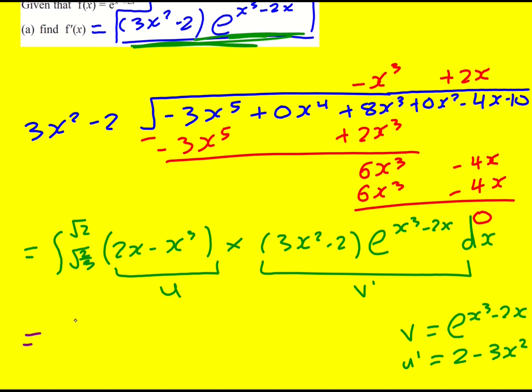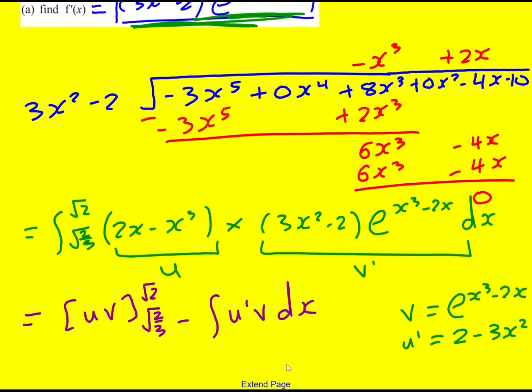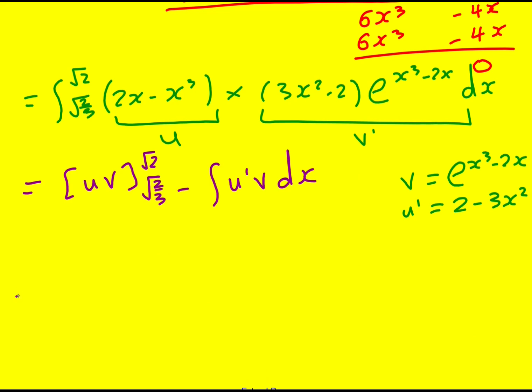Applying integration by parts, we have uv in brackets, root 2 over 3, minus the integral of u dash v with respect to x. Let's substitute that in.